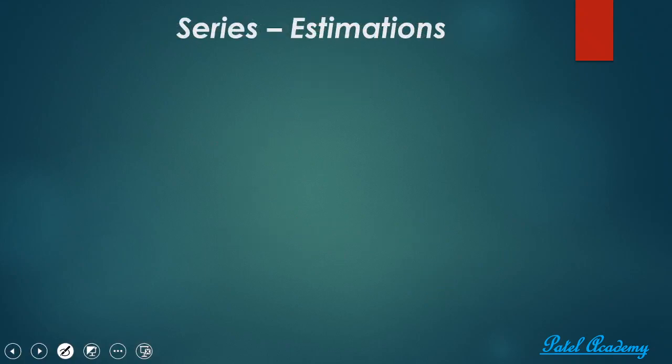Okay, and so the final topic I wanted to talk about was series estimations. Now, a lot of times you use partial sums in order to estimate a series. And so we denote partial sums by S sub n. Some common partial sums include, for a geometric series, a times 1 minus r to the n over 1 minus r.